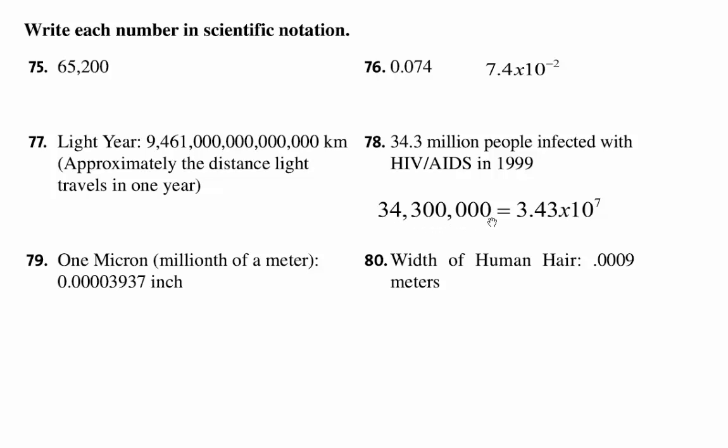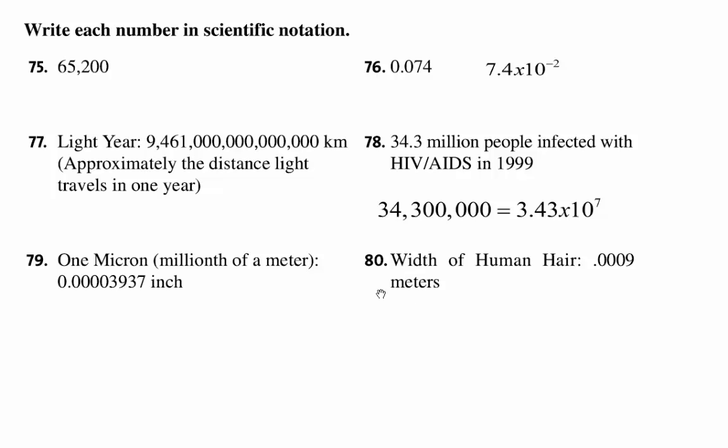And if I move my decimal 1, 2, 3, 4, 5, 6, 7 places to the left, we'll write 3.43 times 10 raised to the 7. Okay. See, the positive exponent has the effect of making this number bigger, this 3.43 bigger to the 34 million, and the negative exponent makes this number smaller, right? That gets us to that 0.074.